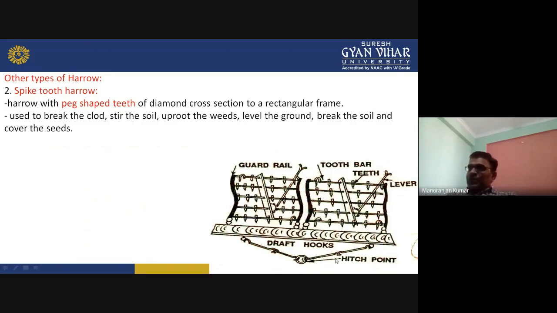So this is the hitch point. Through this hitch point, you can attach this implement to the tractor or any animal power like a bullock.